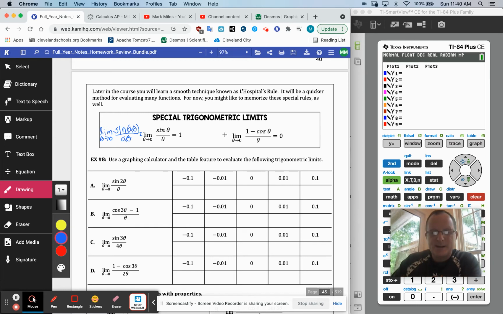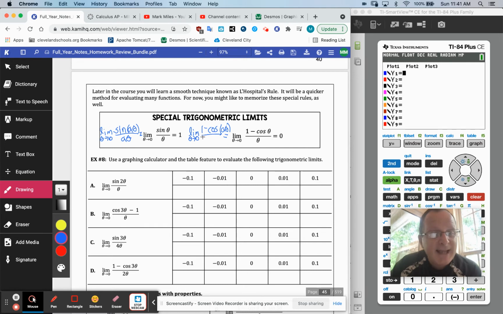Now on this one though, it's a little bit more broad because I can say the limit as theta approaches 0 of 1 minus, and I'm going to put the A up here, cosine of A theta, just the theta multiplied by something, divided by, and it doesn't have to be the same.